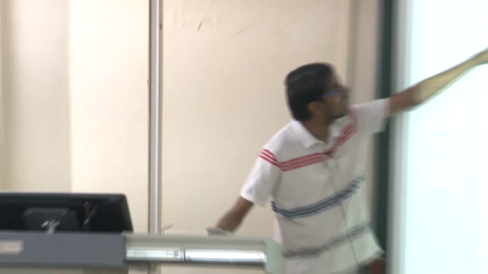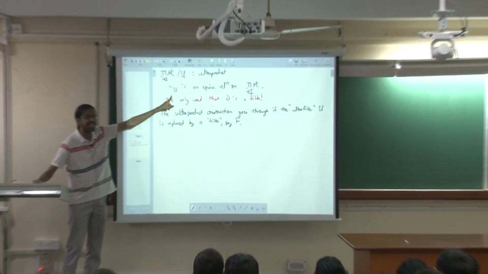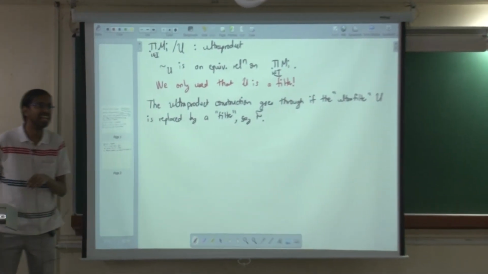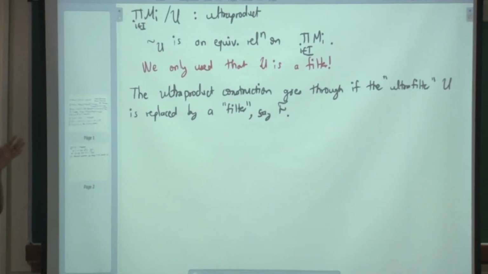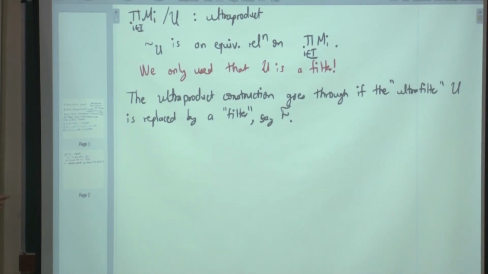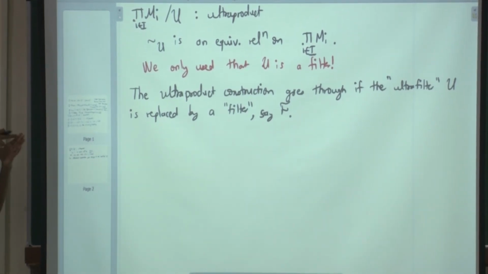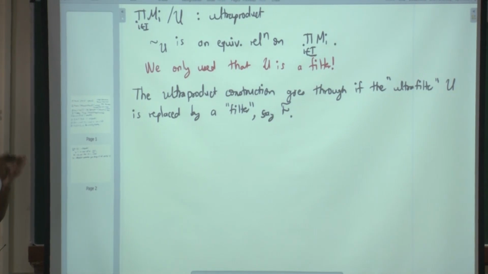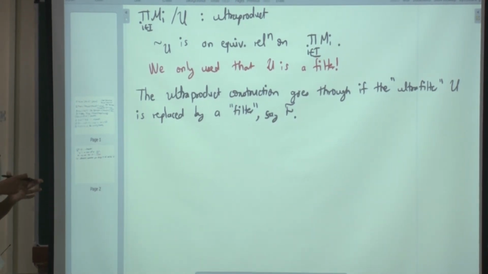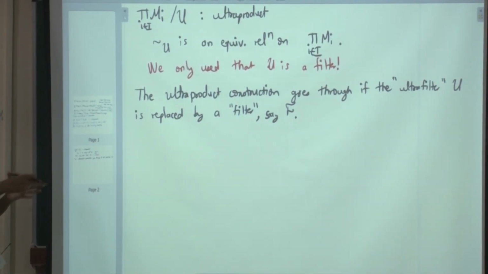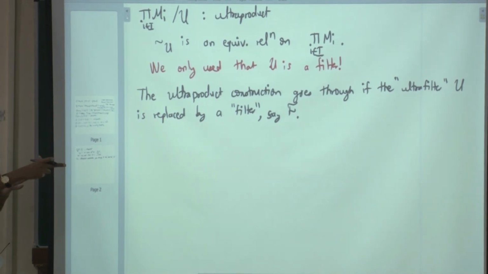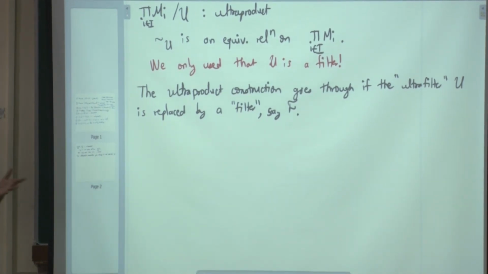So in that case, if I construct this relation, what does this say? Two tuples are equivalent if and only if the set of indices where the tuples agree lies in F, that is, is equal to I.